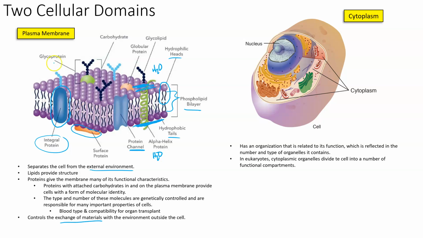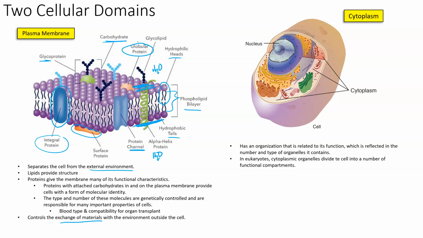You have glycoproteins, which are proteins associated with a carbohydrate chain. The carbohydrate component gives the glycoprotein the glyco prefix. Again, you have these alpha helical or beta pleated sheet secondary protein structures that can be embedded. You can also have enzymes and other tertiary and quaternary proteins that are more globular in shape that are embedded in as well.